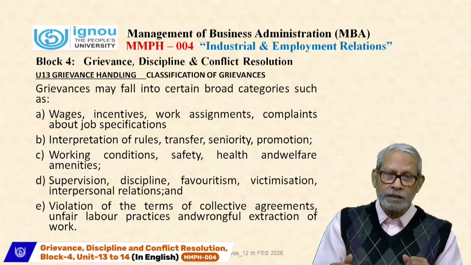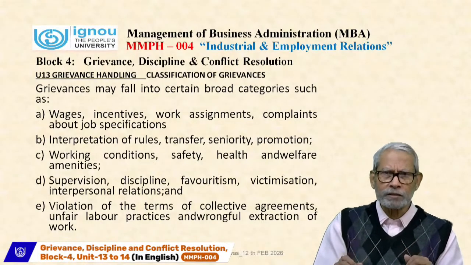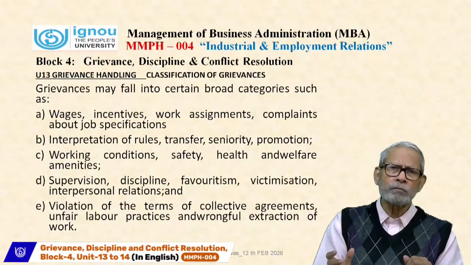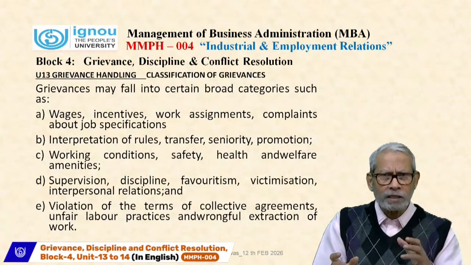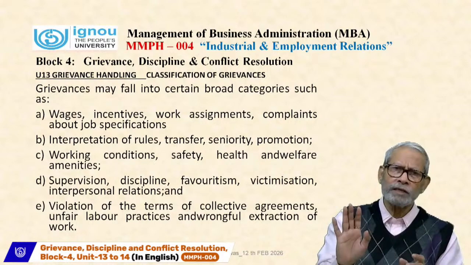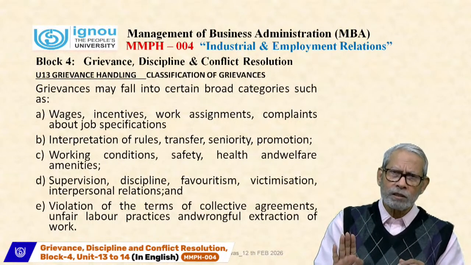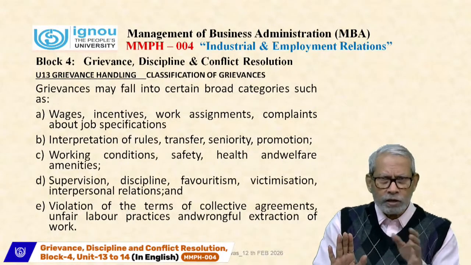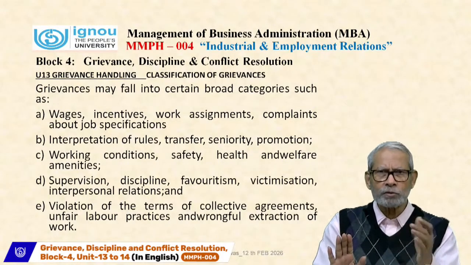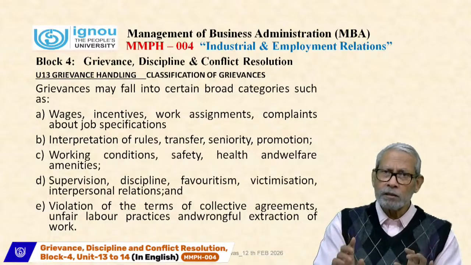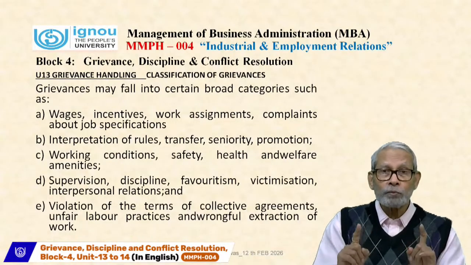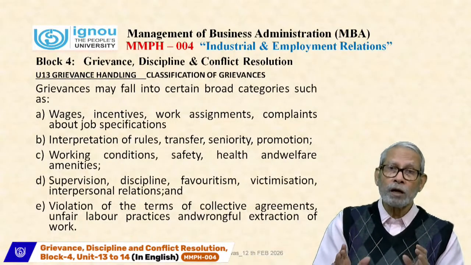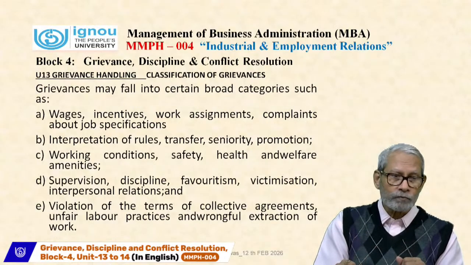Transfer, seniority, promotions, everything is to be defined in such a way that when complaints come, you can justify, yes, that is your policy. After 7 years or 5 years, transfer will be there. So there you cannot complain, because by virtue of falling in 7 years, you have to transfer. So that type of policy has to be made accordingly.